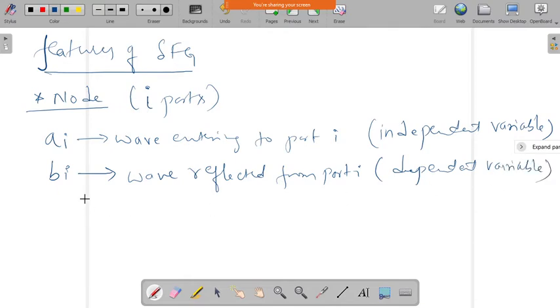If the wave is reflecting from any node, that node is called a dependent variable, and the wave which is entering a particular port is called an independent variable. And as I said, the branch is the path between two nodes. So if we take A1 and B1, this is a path between two nodes, so that is called the branch.